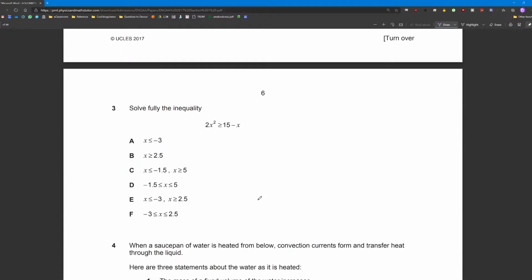Next question, solve fully this inequality. Let's move everything to one side, so plus x and then minus 15. Do all of that in one step, and then you want to factorize. If ab is minus 30 and a plus b is 1, because this is plus 1x, let's think about it. Something different by 1 but multiplied to 30, that's 5 and 6.